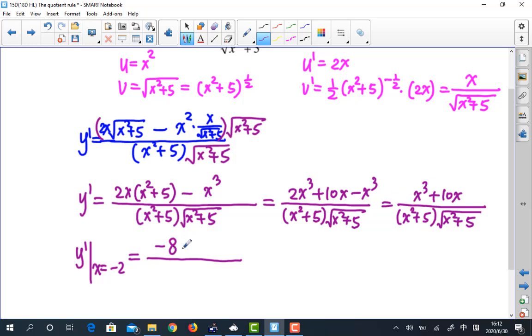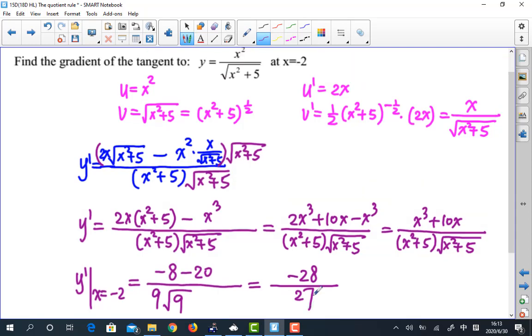Negative 8 minus 20 divided by negative 2 bracket squared, which is 4 plus 5, 9. 9 times square root of 9. Negative 28. This one can be simplified to 3. 3 times 9, 27. This is the particular gradient of the tangent to the curve at this particular x value.